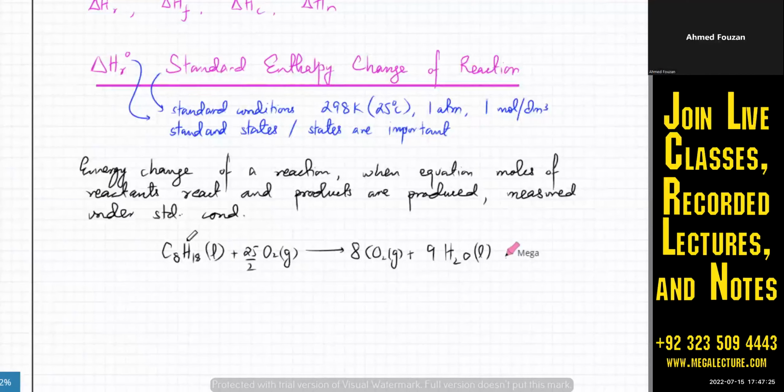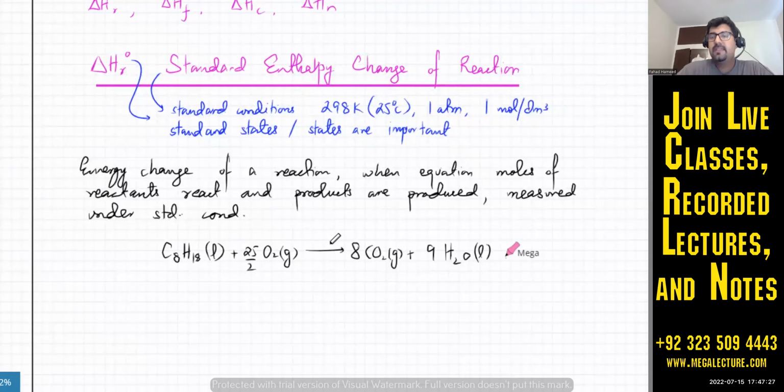Yes, sir. So a particular reaction can have many different enthalpy changes depending on the quantity that you're using. Add more octane and more heat is produced, right? So the enthalpy change value will continue to change depending on how much octane you're using. So the plain enthalpy change, delta H with nothing next to it, could be for any quantity.